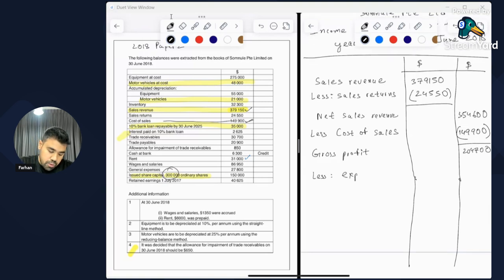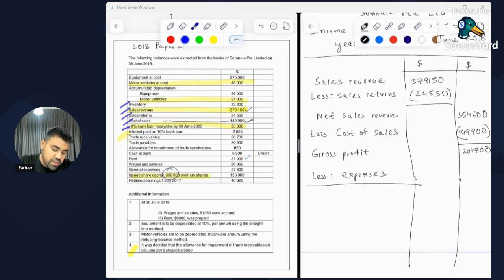All right. Now for the expenses, we want to start by looking into the trial balance. So first of all, we have got equipment and motor vehicles costs, which both fall under the definition of non-current assets. Then we have got inventory, which is a current asset. We have already used sales revenue and sales returns. We've also used cost of sales.